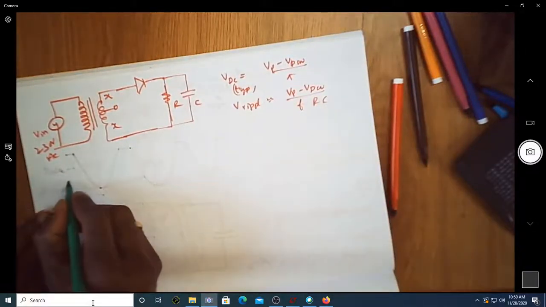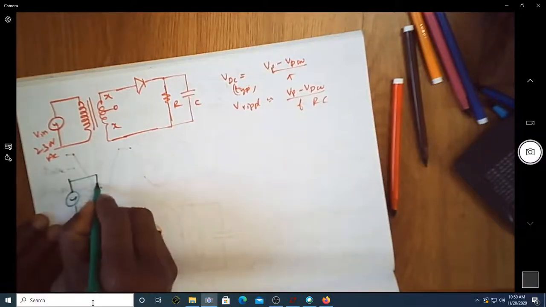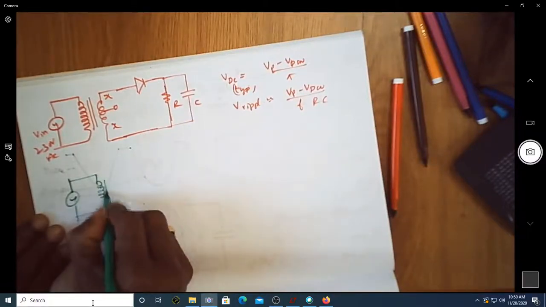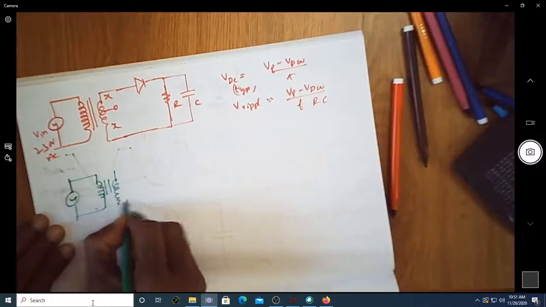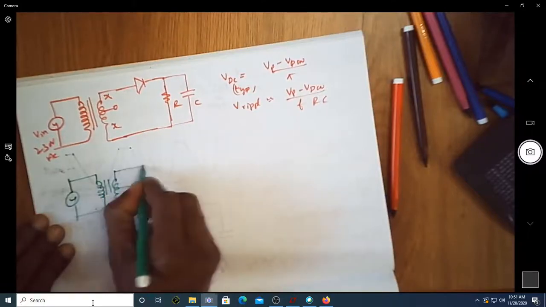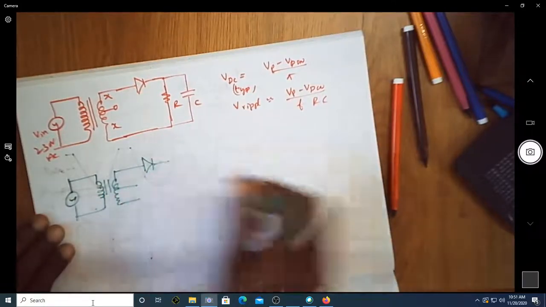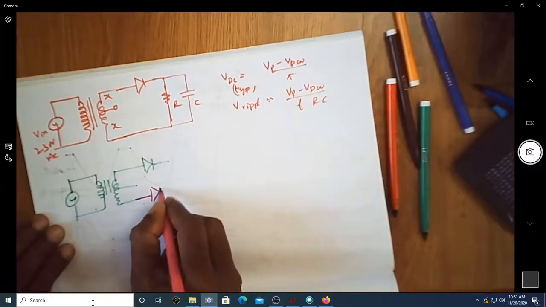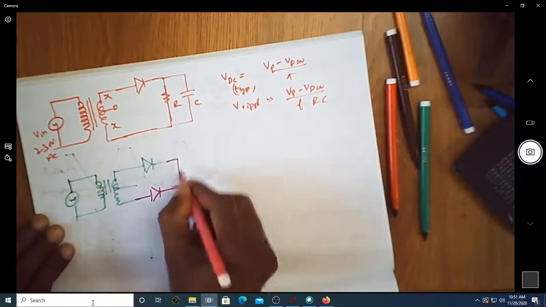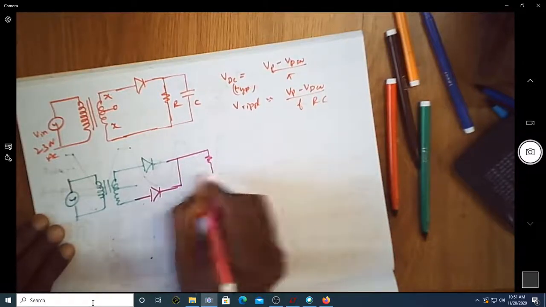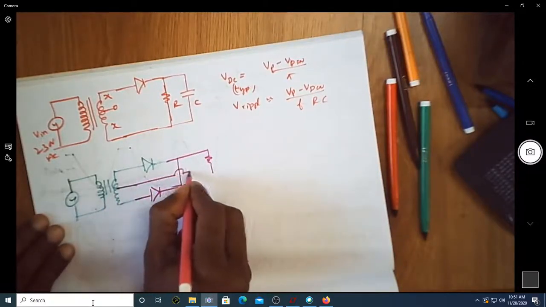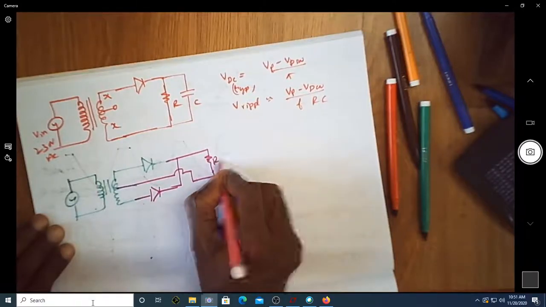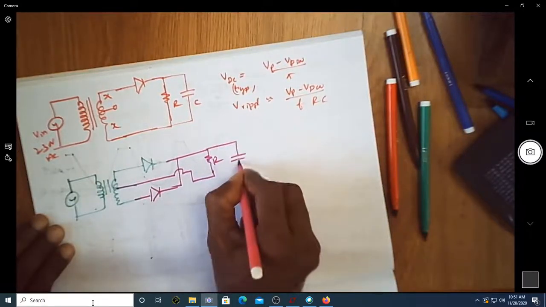Now if I write it for the full wave rectifier, center tap is a must. Let me just use a different color. You can see these two are shorted. You have a resistor coming down here, and that in turn is connected to this resistor R. I'm going to have a capacitor C here.